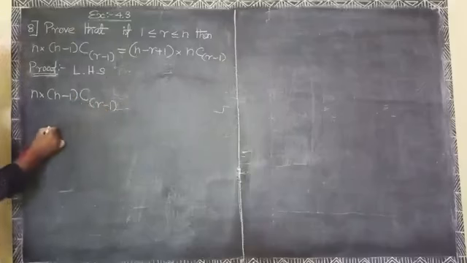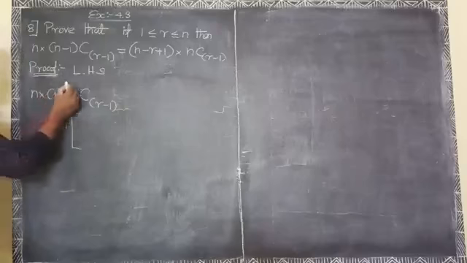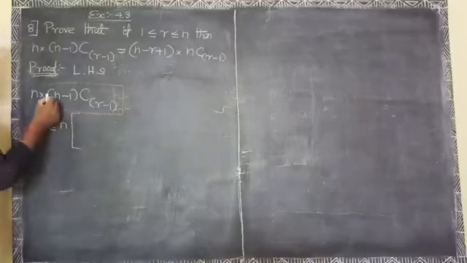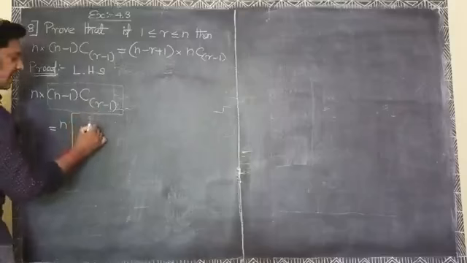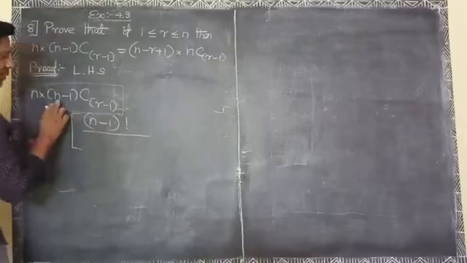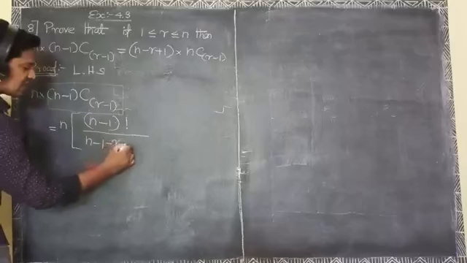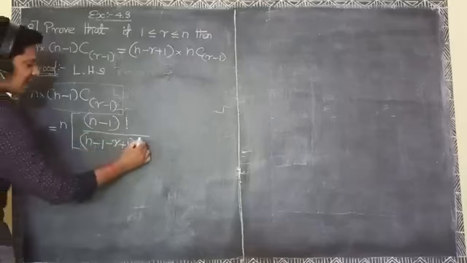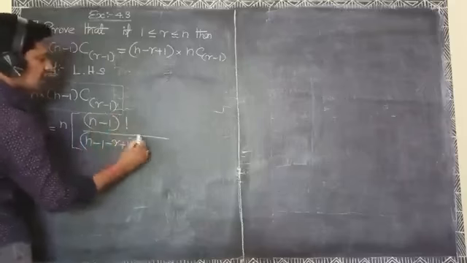Which is equal to n into (n minus 1)C(r minus 1), using the formula of combination, that is nCr: (n minus 1)! divided by (n minus 1 minus r plus 1)! into (r minus 1)!.